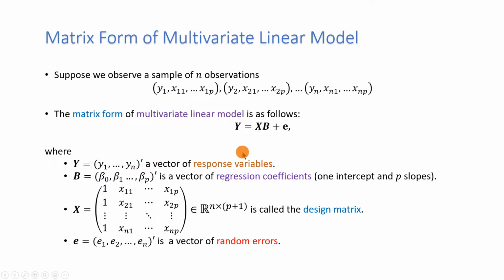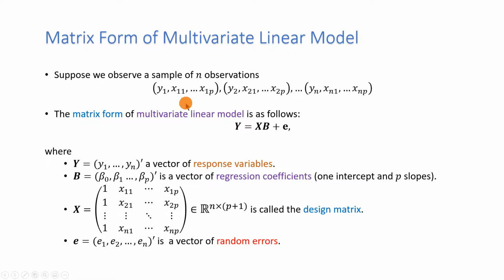Okay, and then we will use this boldface b, which is actually a p plus 1 times 1 column vector, to include all the unknown regression coefficients from beta 0, beta 1, until beta p, okay? And this b is the vector of coefficients of interest, and we want to estimate b by solving the least square problem.